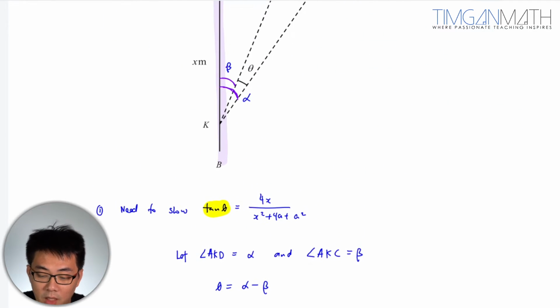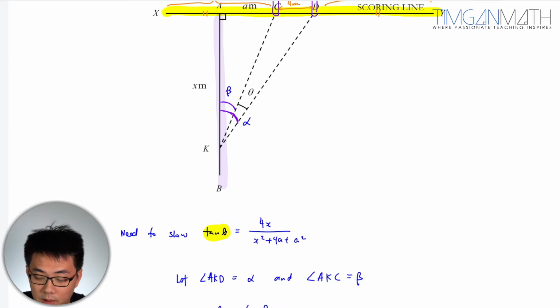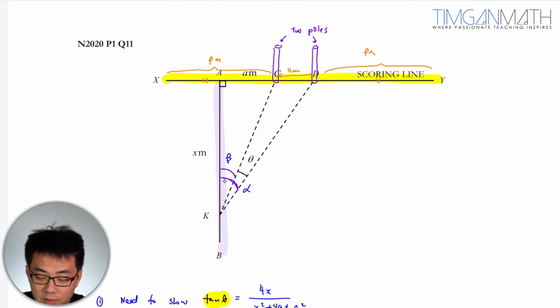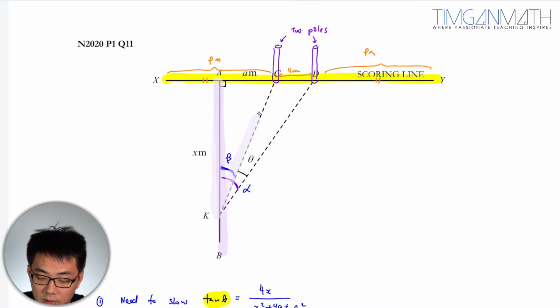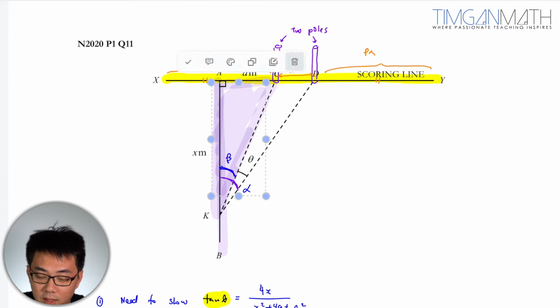Now what we're going to do is find out the ratio of beta here, so we're just going to examine this right angle triangle.